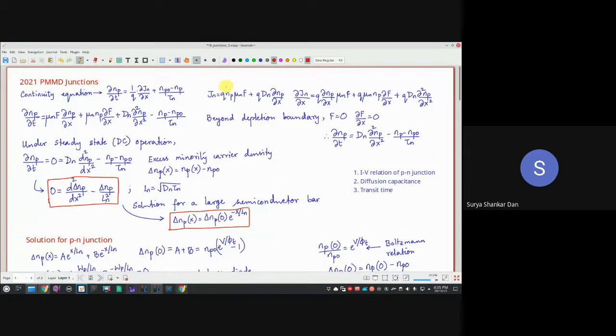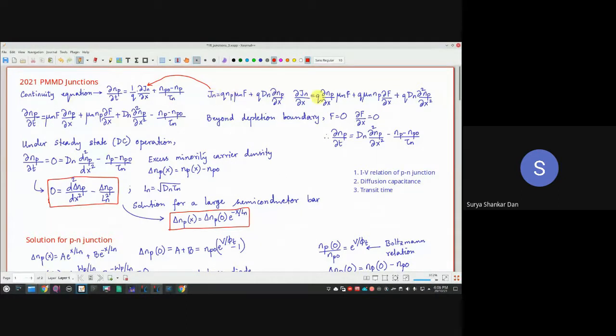So what was the standard process? This is the current density equation, you know. These are all known equations. All I will be doing is putting this Jn into this equation, the same way we did for our pure semiconductors case a few lectures ago.